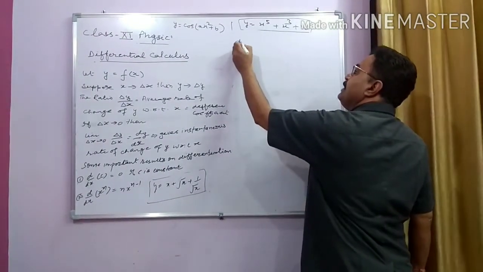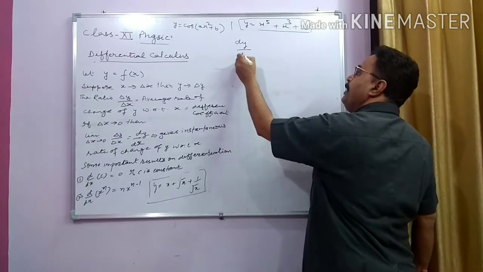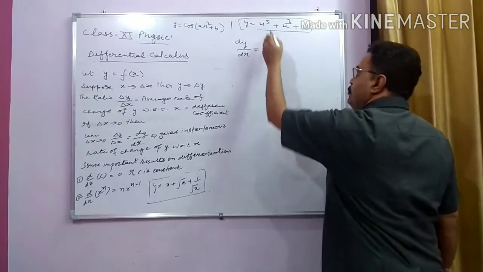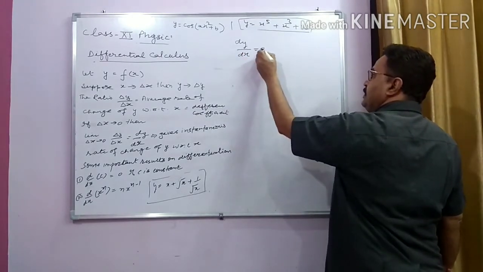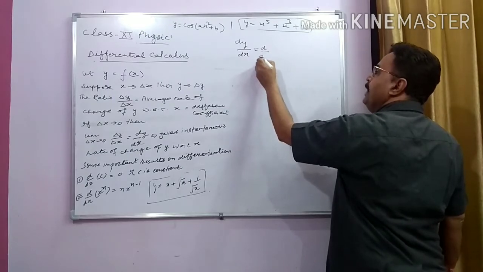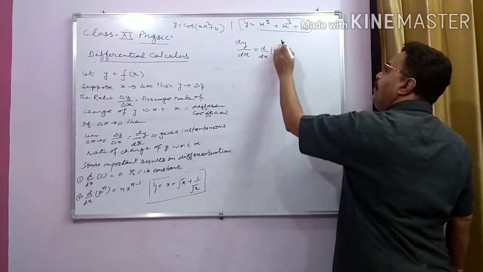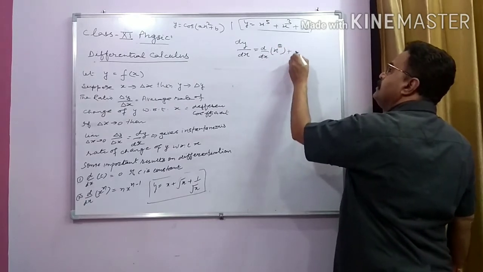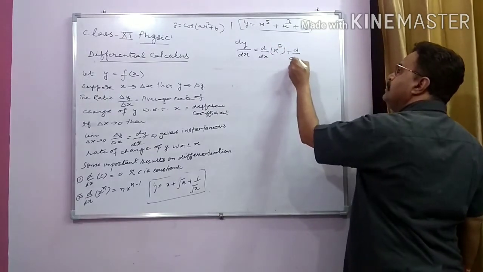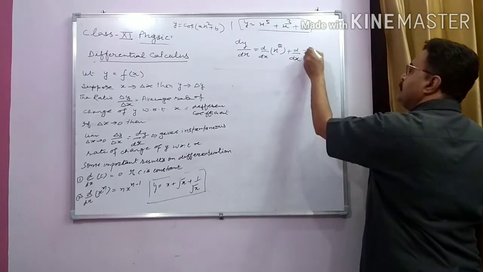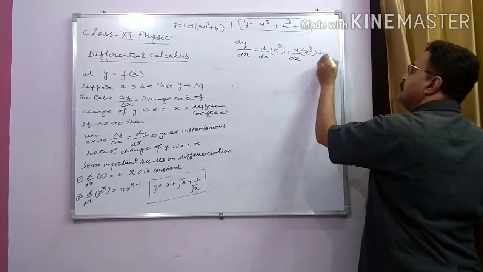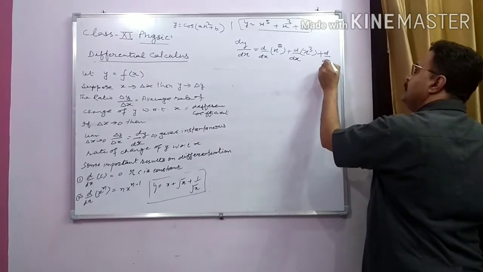To differentiate this, dy upon dx is equal to, first we differentiate the first term, d upon dx of x raised to power 5, plus d upon dx of x raised to power 3, plus d upon dx of 10.